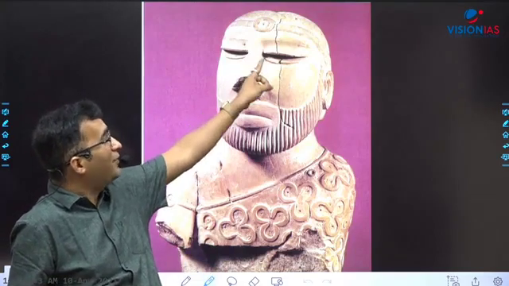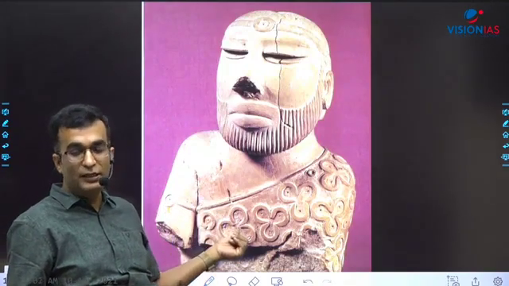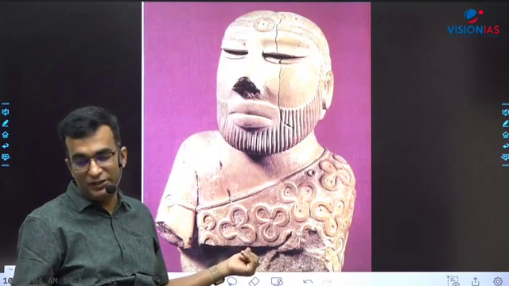As you can see, it's made from stone, and there is a band which he is wearing at this place. This band is the one on the basis of which historians say that it is the status of the priest. The same kind of band is there on the hands also. So that's why he was concluded to be the priest of the Indus Valley civilization.